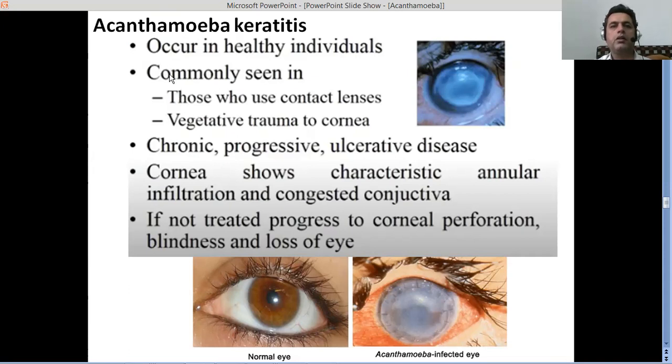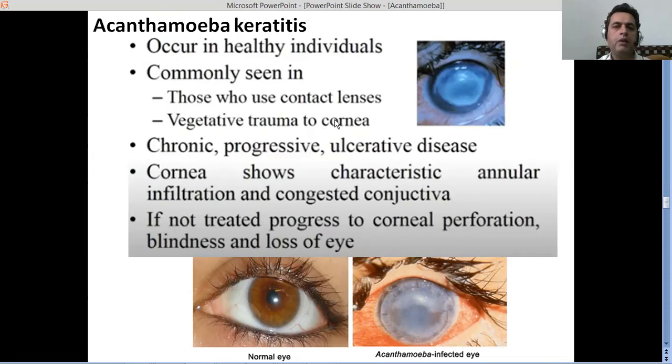And it is seen most particularly in individuals who use contact lenses, or who receive some kind of trauma or injury to the cornea of your eye. In these individuals, this particular condition has been observed to be more frequent.